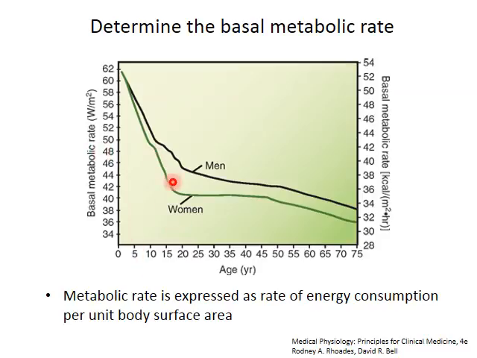There are 2 different curves, one for females, one for males. The girl's age is 5, so we can go up to the female curve, go over to the y-axis, and we find that the girl's basal metabolic rate is 55 watts per meter squared.